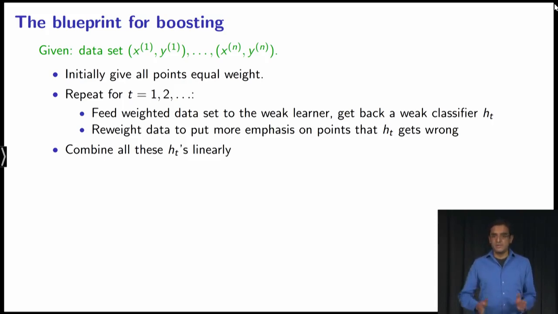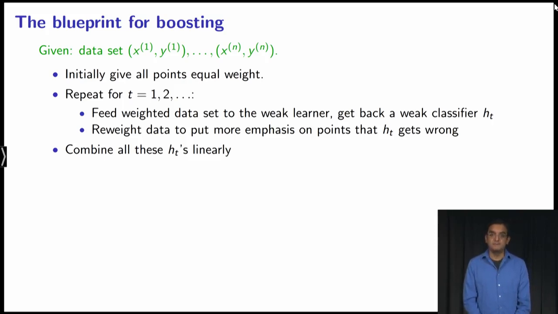We don't know exactly what it's doing. It's a black box classification algorithm. We feed it a data set, and it gives us back some weak classifier. The only thing it guarantees is that this classifier is going to be better than random. This is not all that reassuring. Can we somehow use this to get a classifier of high quality?